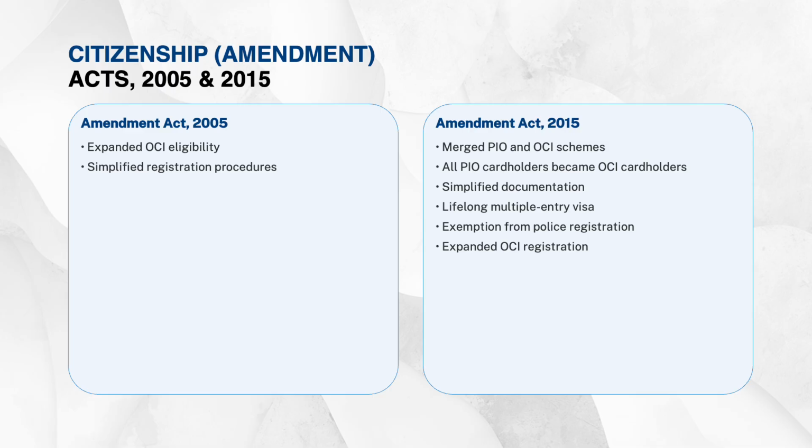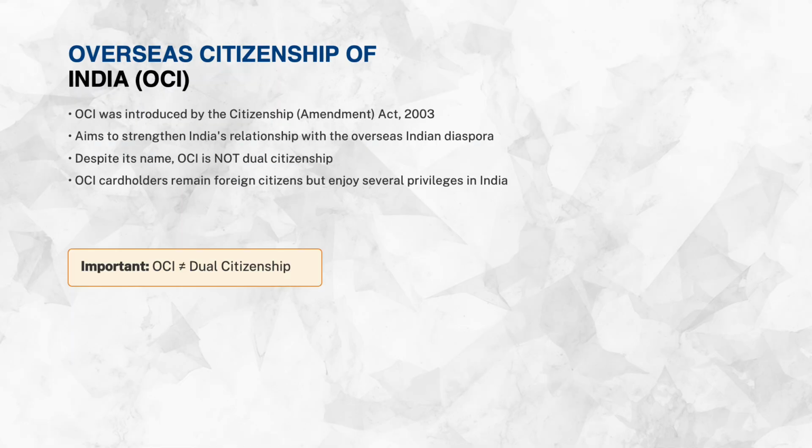Now, a proper definition of OCI, overseas citizenship of India. OCI was introduced by the Amendment Act of 2003. I mentioned earlier, right? It aims to strengthen India's relationship with the overseas Indian diaspora. Okay. Despite its name, OCI is not dual citizenship.